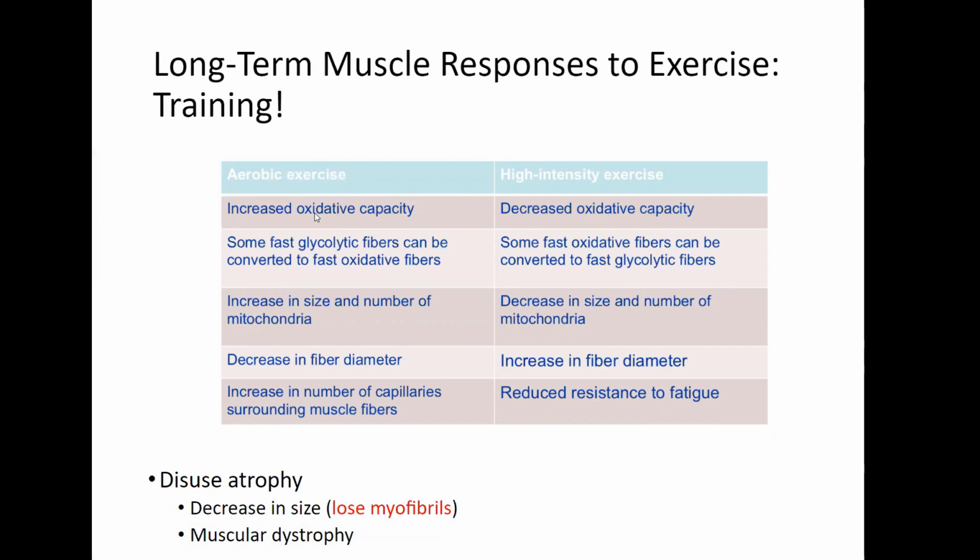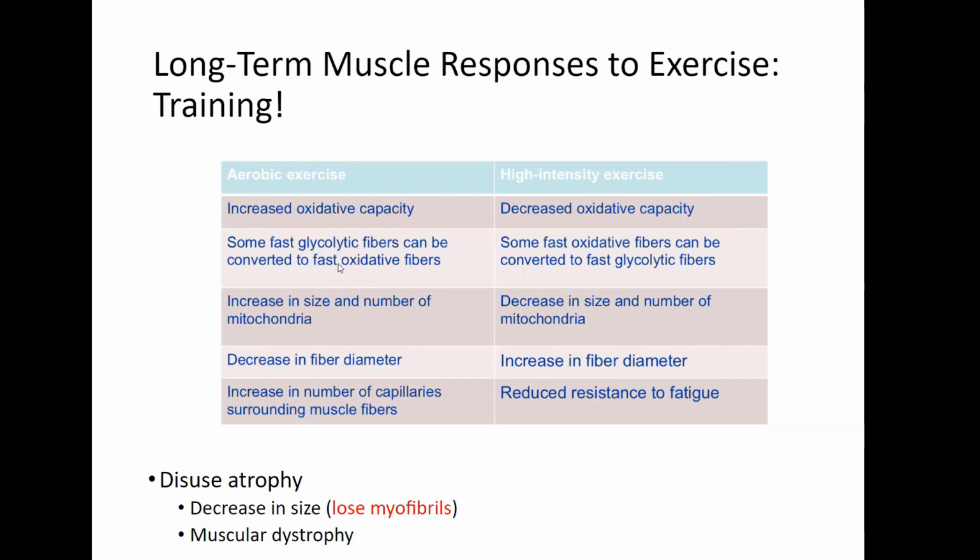We can actually convert some of our fast glycolytic fibers, those ones with the faster form of myosin that are doing mainly anaerobic glycolysis. As we're increasing our oxidative capacity, we can convert them to fast oxidative fibers. I think that's super cool. We can increase their numbers of mitochondria.